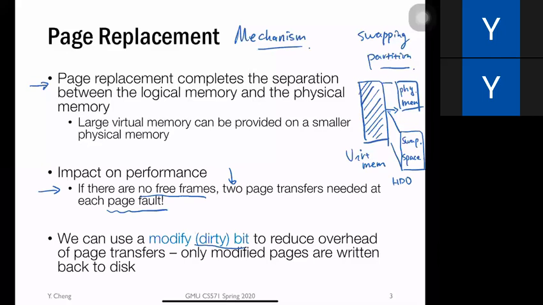Then the operating system would flip this dirty bit, or modified bit, from 0 to 1, indicating the data has already been updated, or the data has already been dirty.